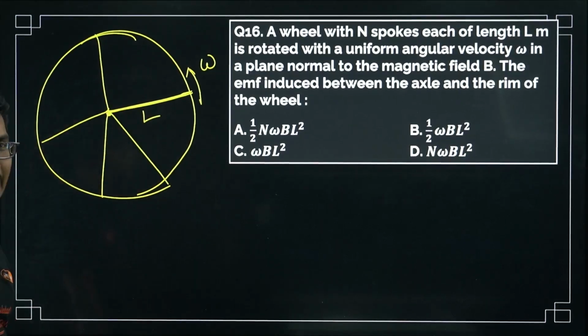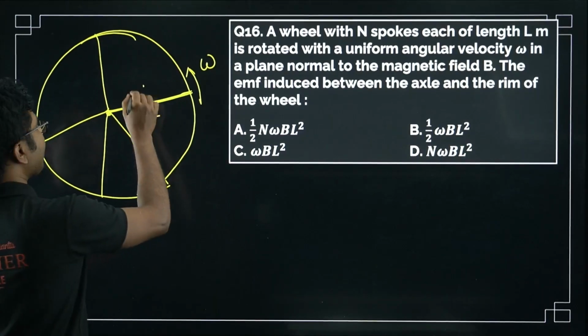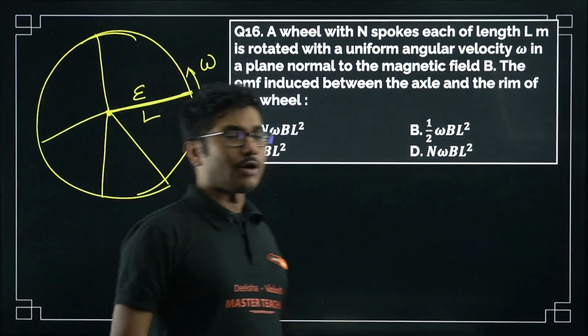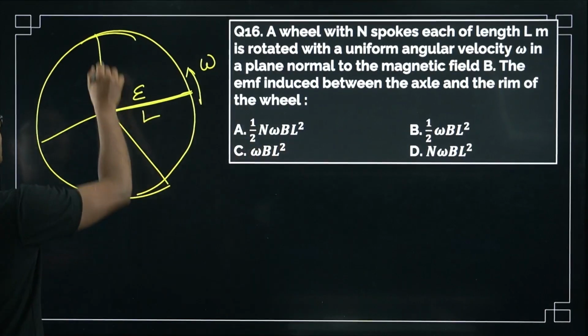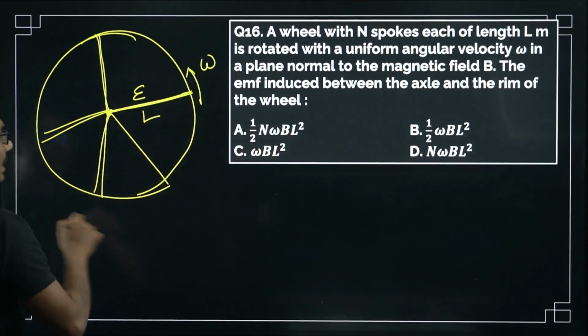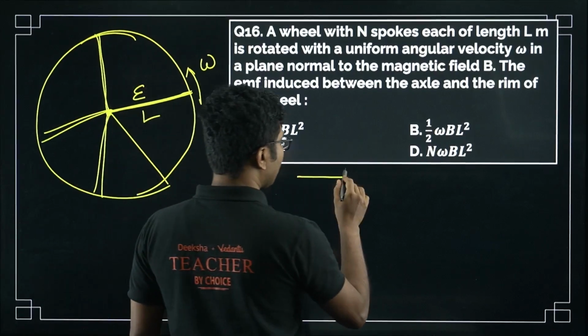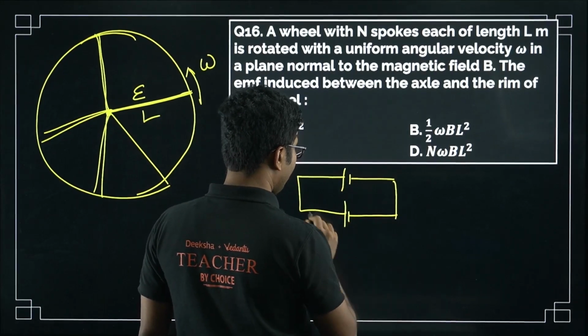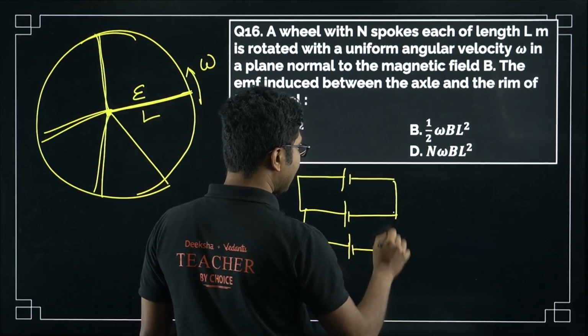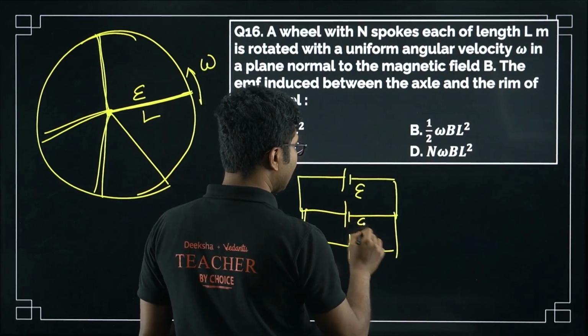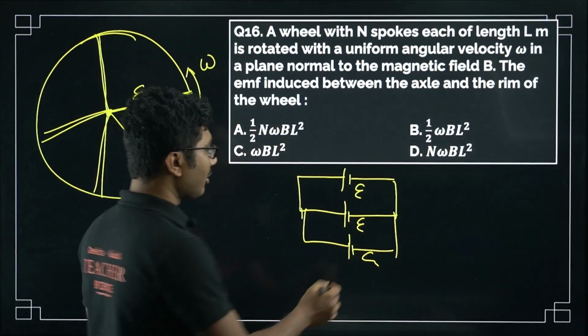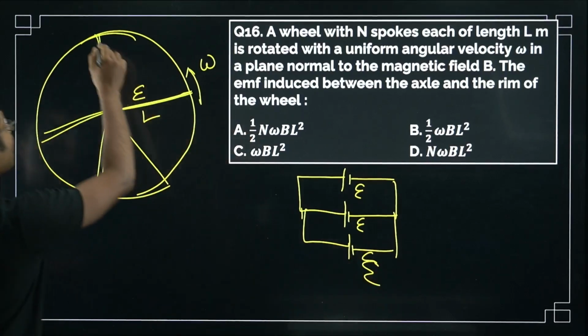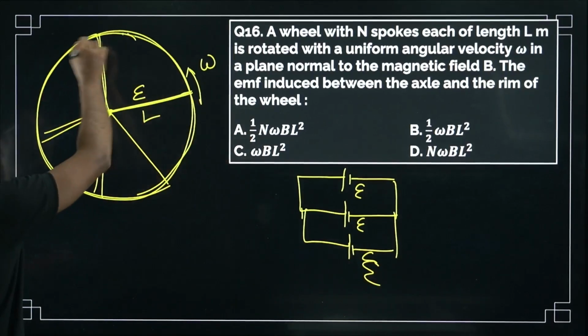Now if you see that induced EMF is basically, you can say that all the spokes have no resistance, so basically you can consider them to be total EMF, induced EMF. EMF means battery. So all of them are equal induced EMF, and all of them are connected in parallel because of this rim.